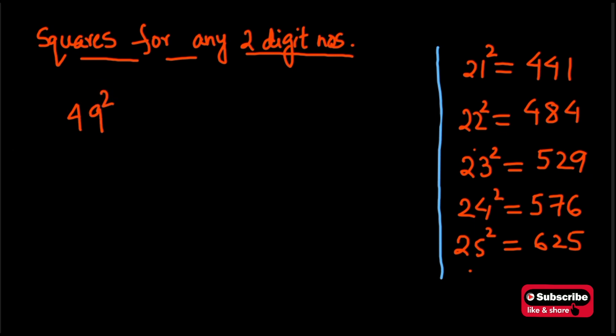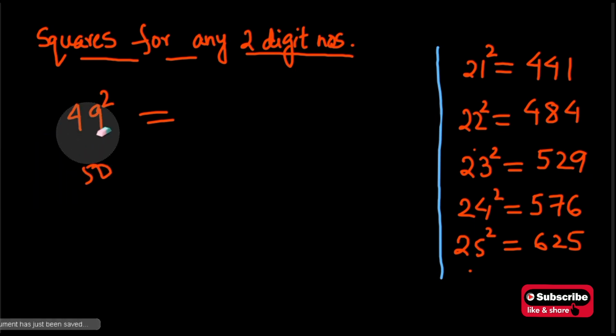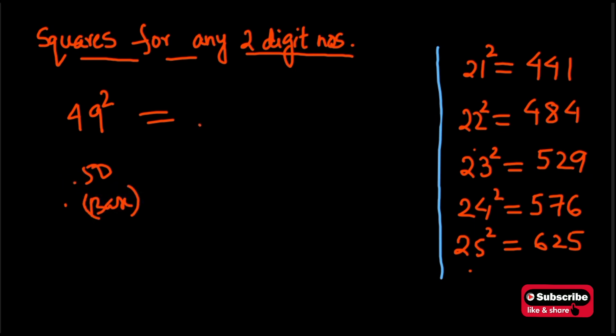Now let's discuss another square. Let's say 49 square. Here we could use 25 and then compare from 50, but we will not do that, because it would further complicate things here, since the numbers are near 50. So we'll take only one base, and that is 50.